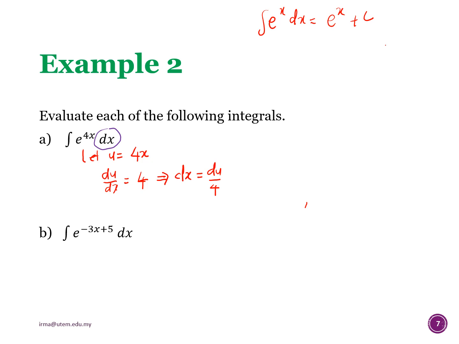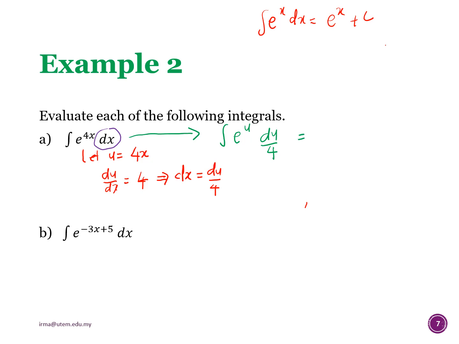So now our integration becomes: integrate exponent u, where we have replaced 4x with u, and dx with du over 4. Since we have everything in terms of u, you can proceed with the integration.